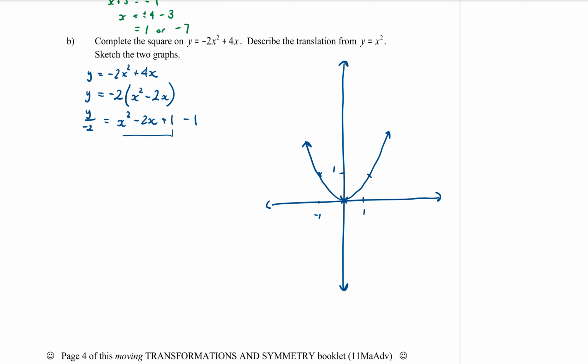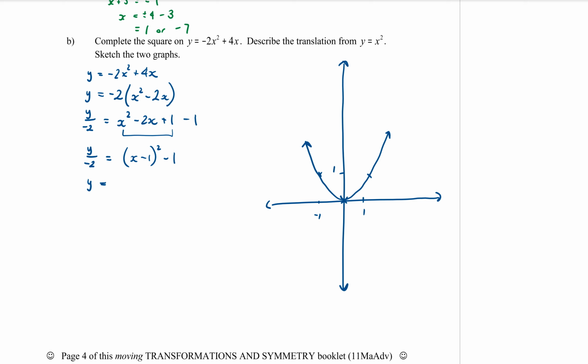Next, I factorize those first 3 terms to be y over negative 2. The perfect square that it makes, you halve that minus 2 again to be minus 1. So it'll be x minus 1 in brackets squared minus 1. Then I want to get the y back by itself, so I'm going to times the minus 2 across to the other side again.